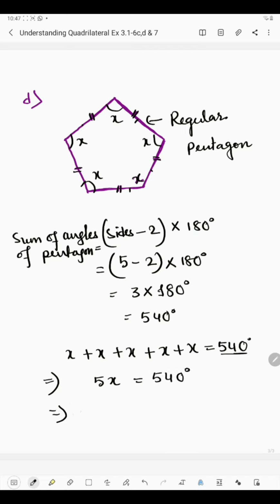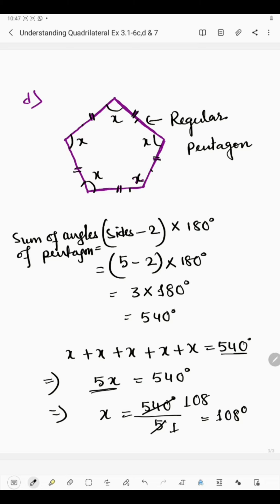So what will be the value of x? The 5 should go to the right-hand side, so 540 degrees should be divided by 5, because this is given in multiplication form. After going to the right-hand side, it will be division. So 5 ones are 5, 5 ones are 5, then 0, 5 eights are 40. So it's 108 degrees. Okay.